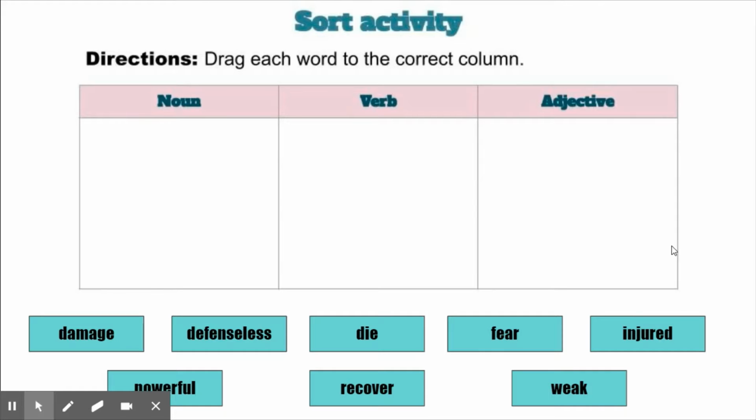Okay, well, I hope that you were able to complete this activity. Throughout this vocabulary lesson, you will realize exactly where each word should go, and then you can go back and fix it if you need to, okay?